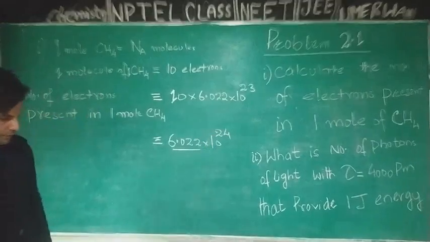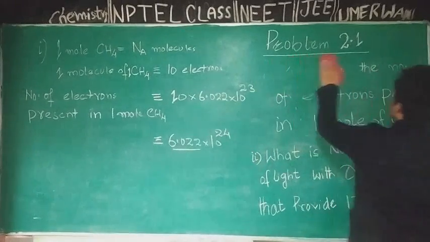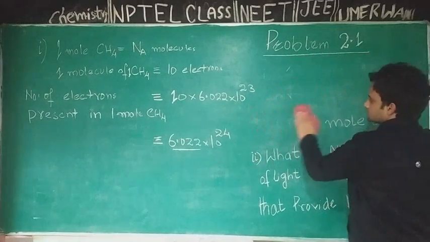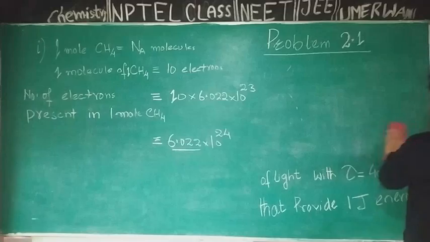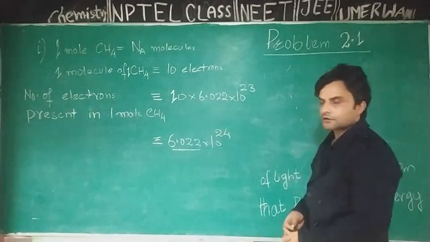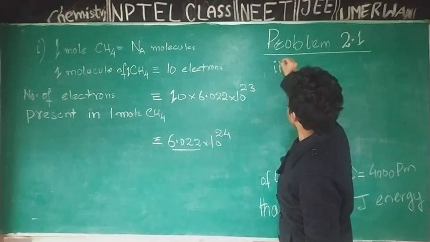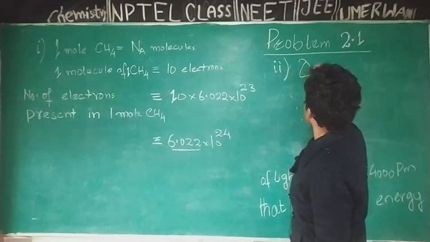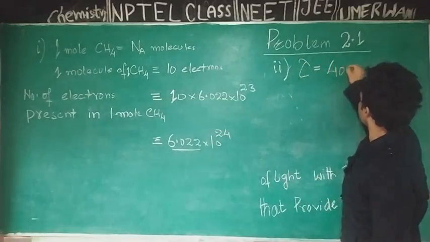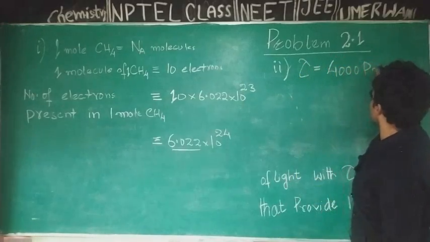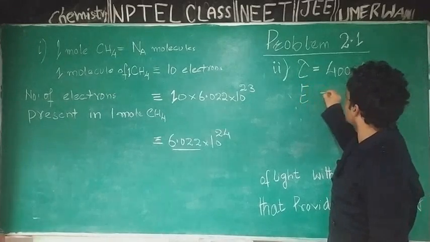Now moving to next. In next part, wavelength is given equal to 4000 picometer, and energy is also given 1 joule.